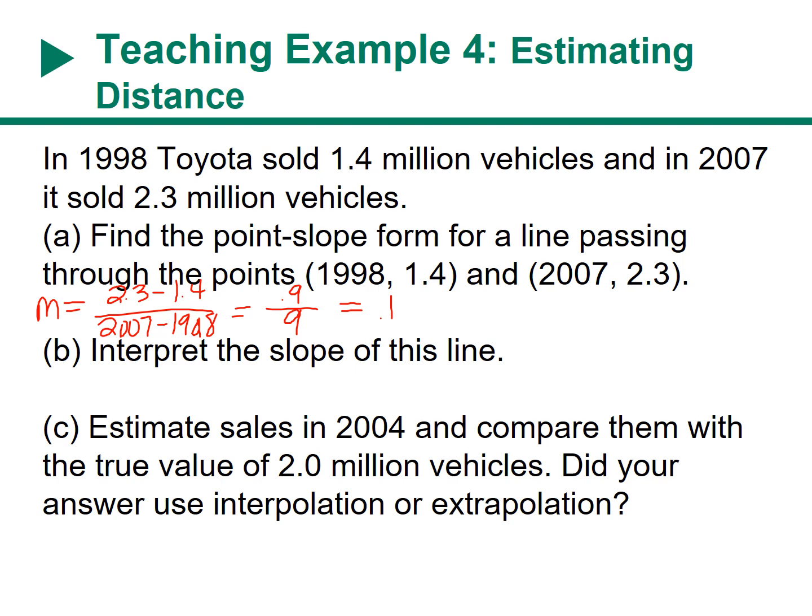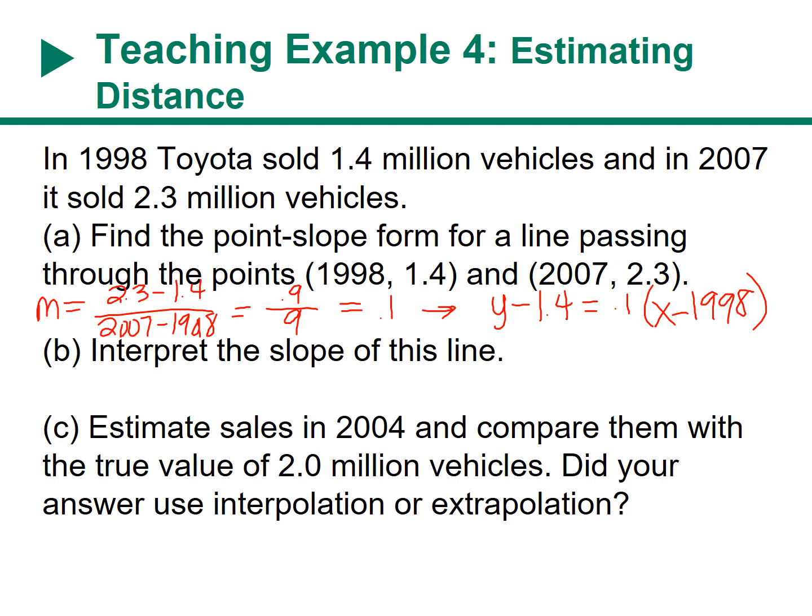The smaller one is what I'm going to choose. y minus 1.4 equals 0.1 times x minus 1998. You don't need to do anything else. It just said put it in point slope form. Did it say slope intercept? No.